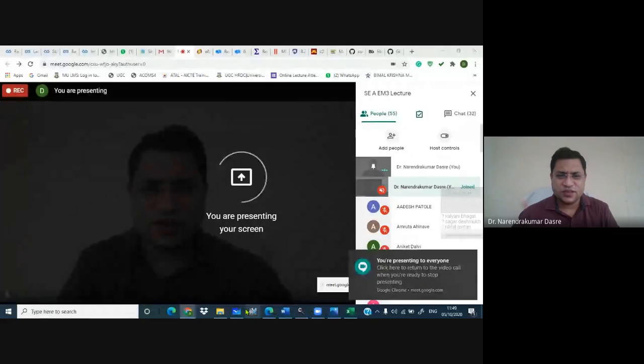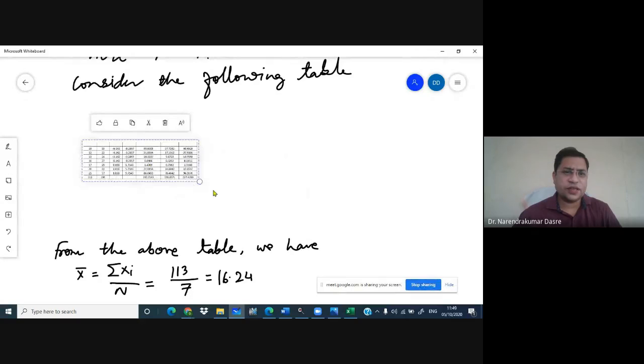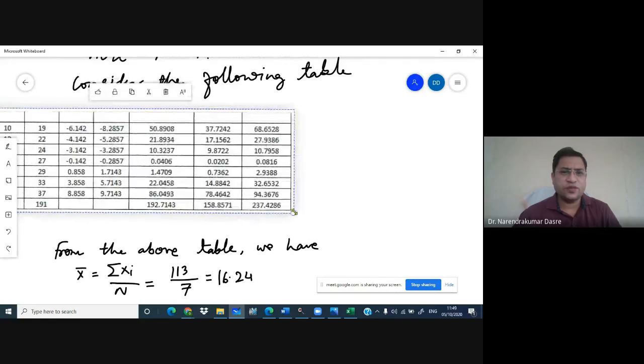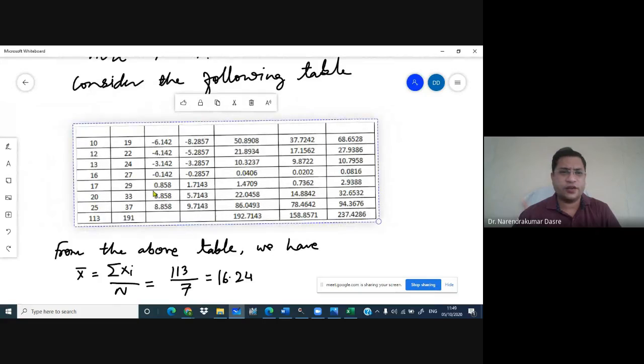Okay, so we don't want the summation of xi minus x bar. We are interested in the product and the next columns. So check your table with this. This should be the values that you are getting.